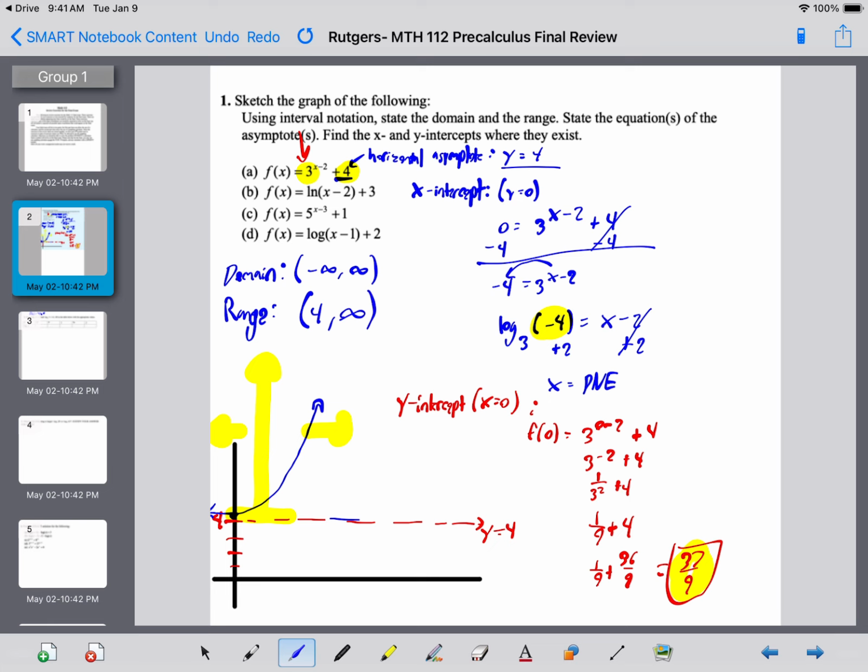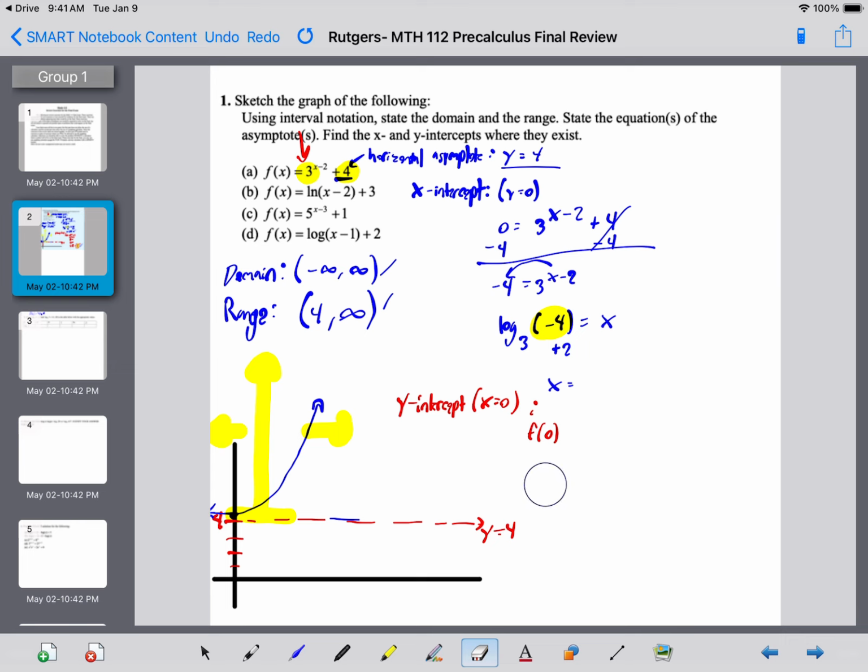The same thing for infinity. It keeps continuing, but we cannot define it at infinity. So that was the sketch with the horizontal asymptote, the x-intercept that didn't exist, the y-intercept, the domain, and the range.